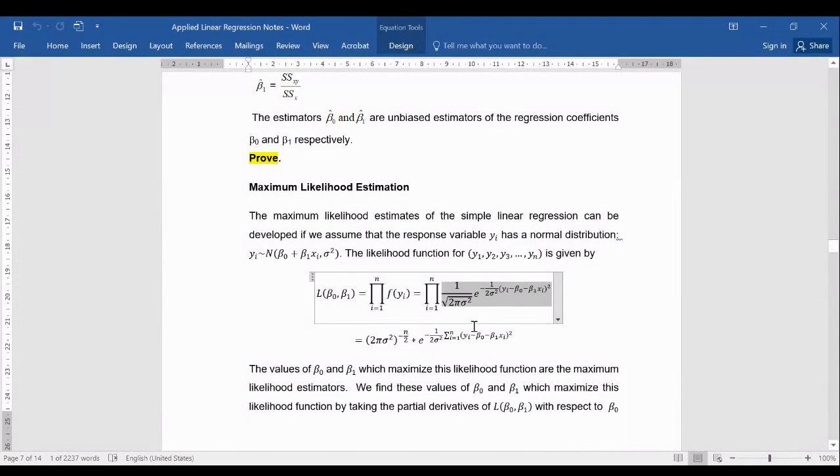This is the normal function that you know. We replaced mu by the mean, because mu is the population mean, and here it's beta 0 plus beta 1 xi. And because there is a negative here, beta 1 now has a negative sign. Is that one clear?